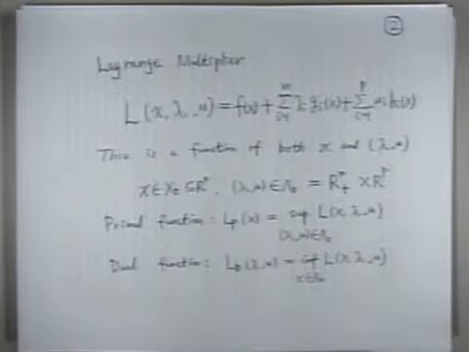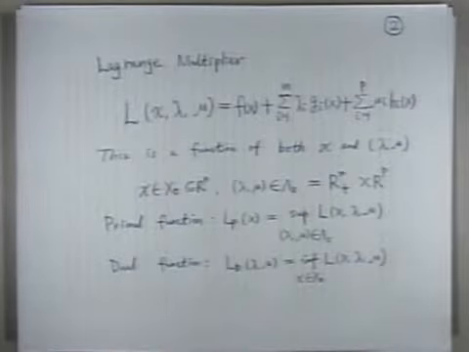Okay? So now, the so-called primal optimization problem is about this Lagrangian function L, where we only focus on finding the maximum of this Lagrangian function as a function of x.